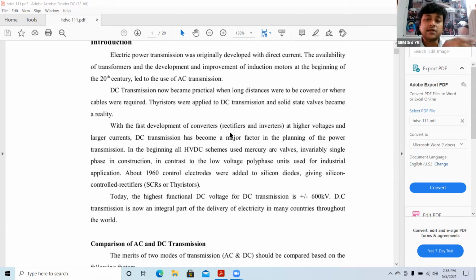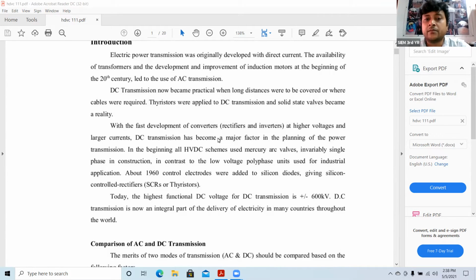After that, the AC current will be converted to high voltage DC, which travels a long distance and is then converted to AC again by using the inverter.